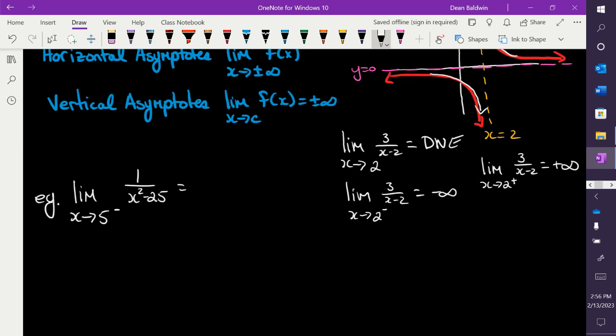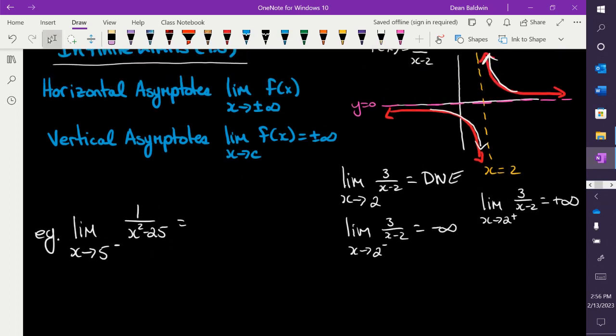Okay. Now, before we do this, you have to accept something. A constant number divided by 0. Any constant divided by 0. What is any constant divided by 0?